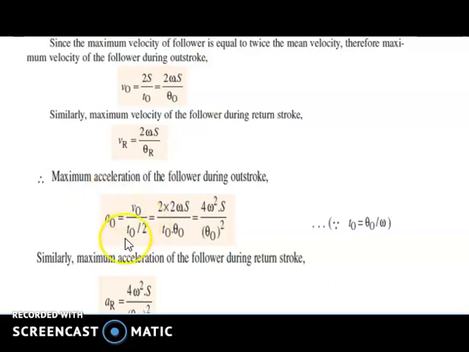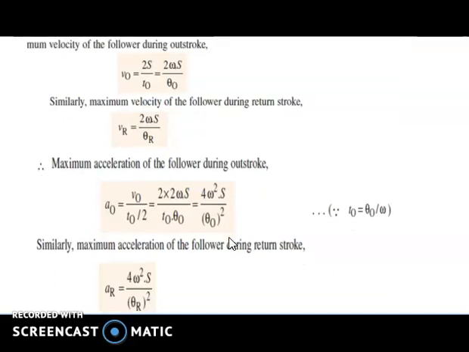So 2 into v naught by t, where v naught is equal to 2s omega by theta naught. So acceleration becomes 2 into 2 omega s by theta naught into t naught. So it's nothing but 4 omega square s by theta naught square, where theta naught is the angle covered during the outstroke.